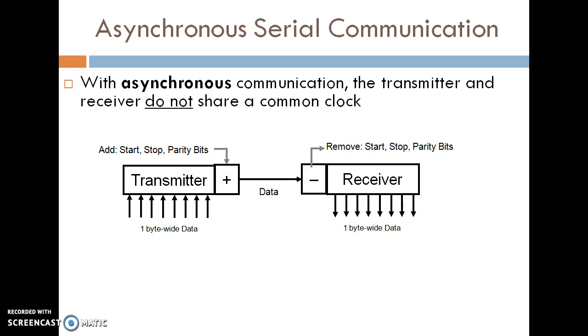It also adds the start, stop and parity check bits. While the receiver extracts the data using its own clock and converts the serial data back to parallel form after stripping off the start, stop and parity bits.